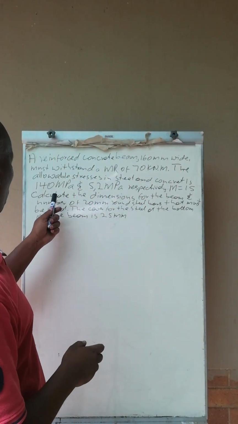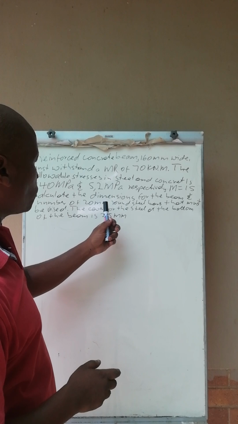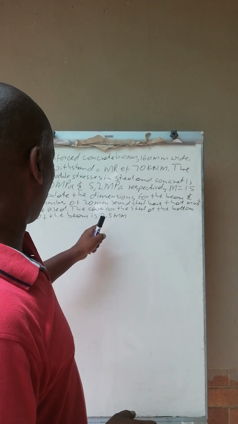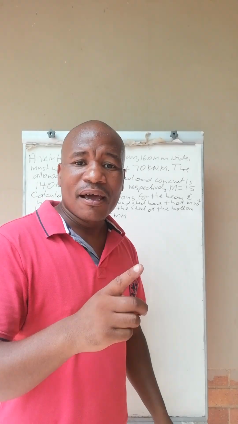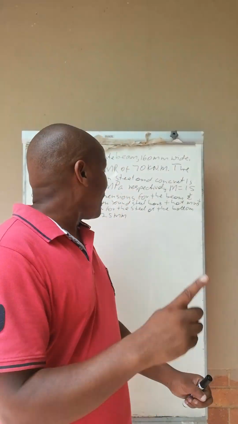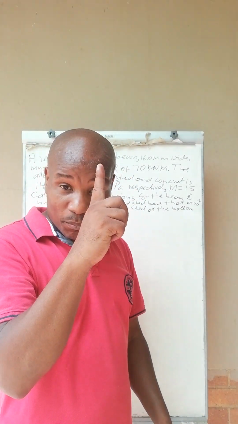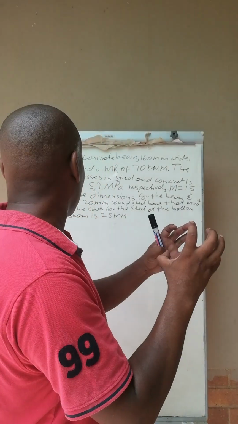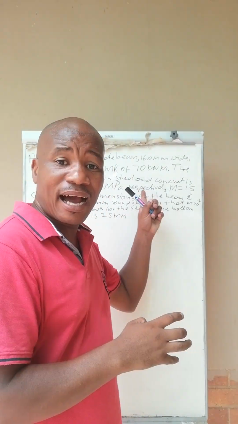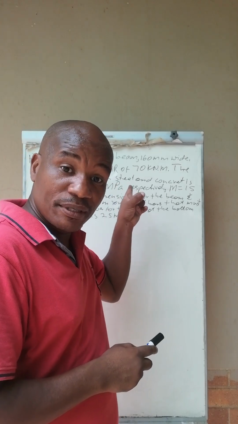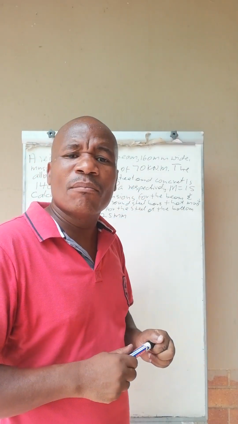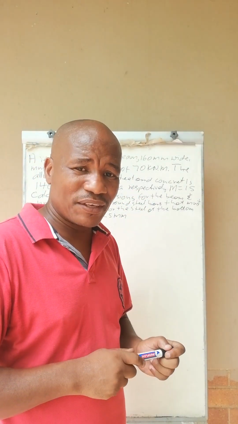Now, as you can see, we are only given 20 millimeter round steel bars. We have been given the area of one steel bar. This is not the area of the steel per se. Both areas are unknown. So for that reason, this is an uneconomical beam. That is the most important thing.